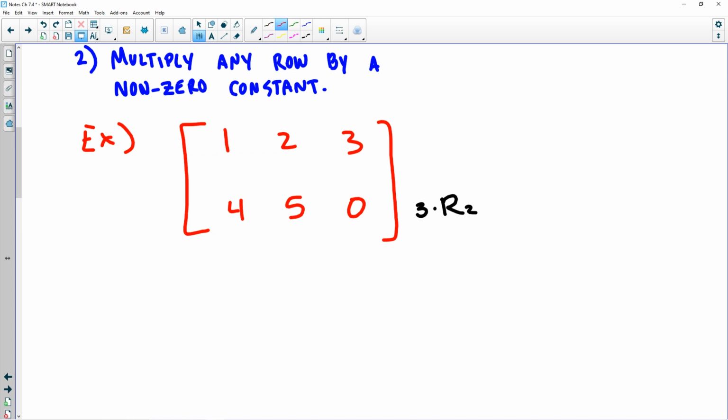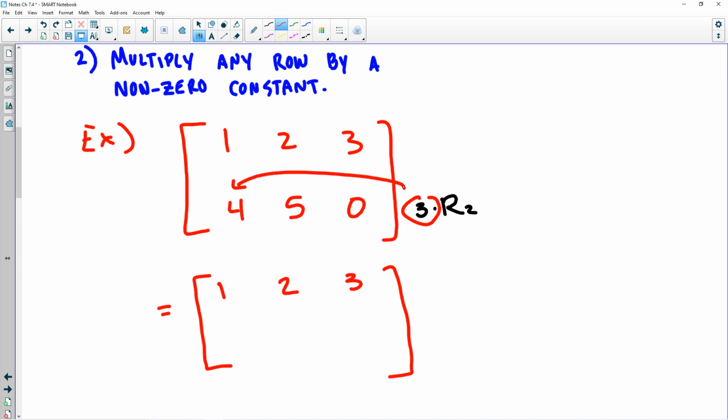And if I do that, row 1 I haven't done anything with, so I'm just copying it down. But row 2 is what I'm changing. So basically it's going to be 3 times the whole row 2. So 3 times 4, 3 times 5, 3 times 0.